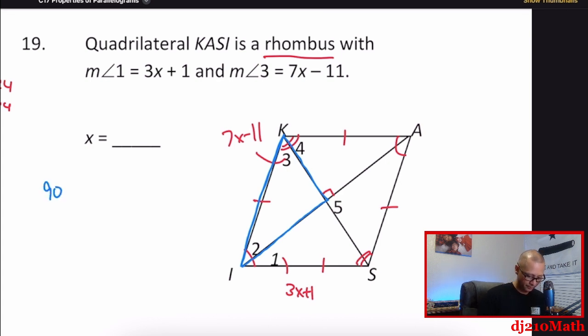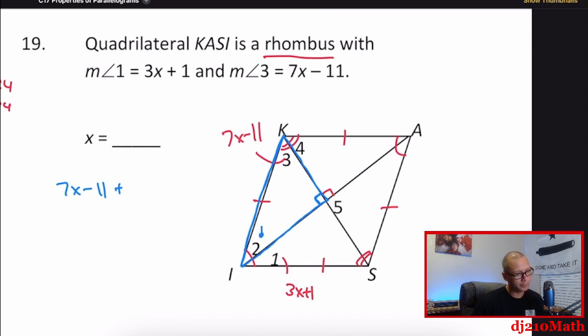So technically 3 and 2 have to add up to 90. Because if this is 90, there's 180 degrees, so they have to add up to 90. So that means 7x minus 11 plus 2. 2 is going to be 3x plus 1 because the diagonals bisect.